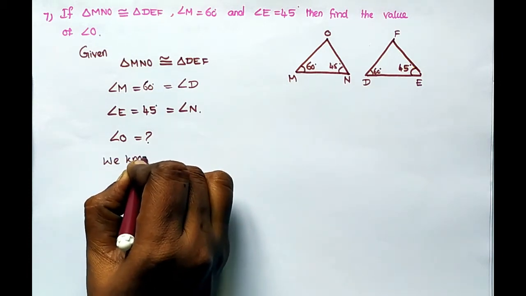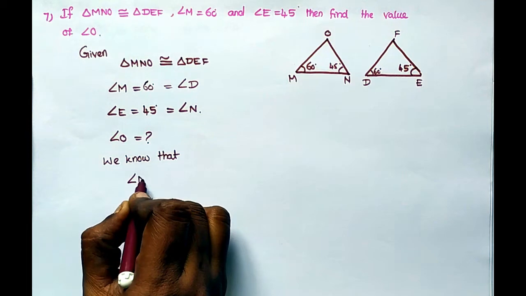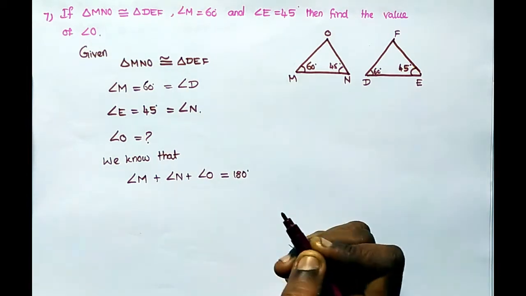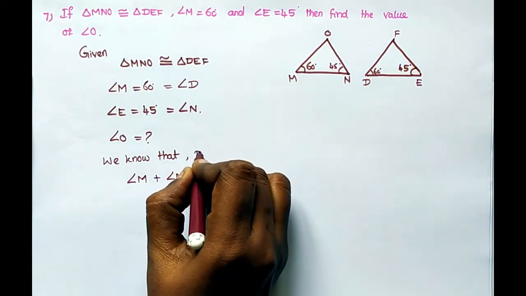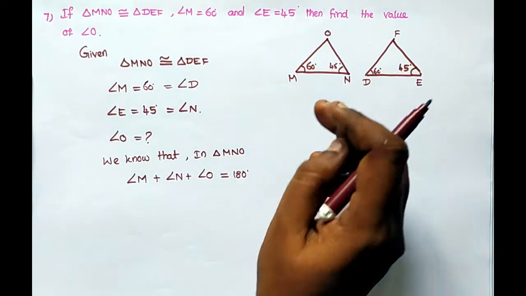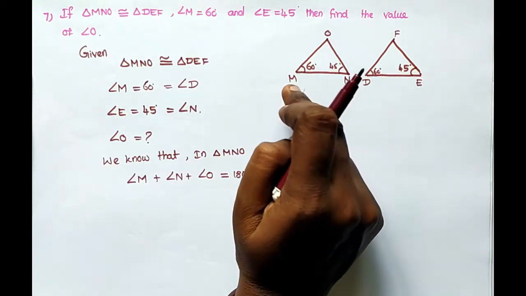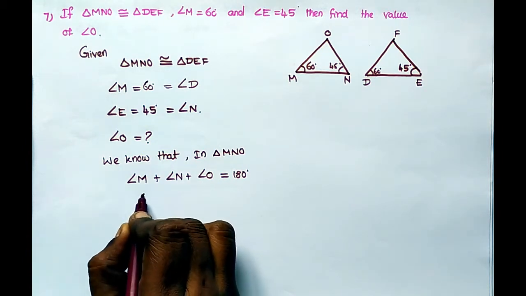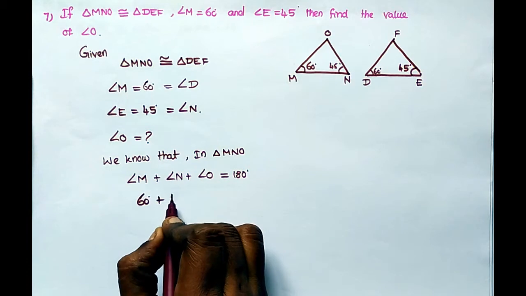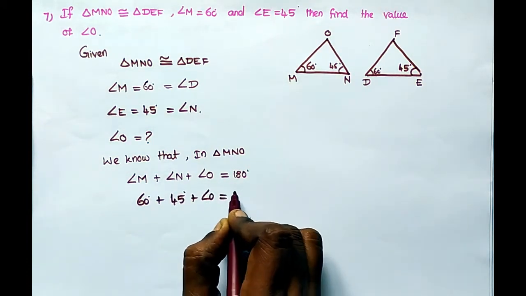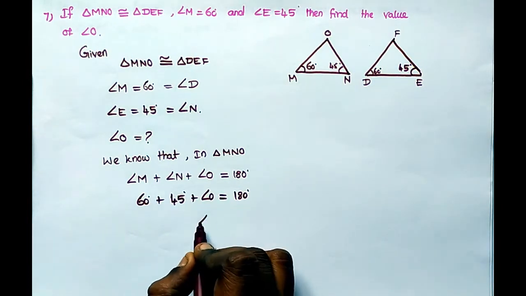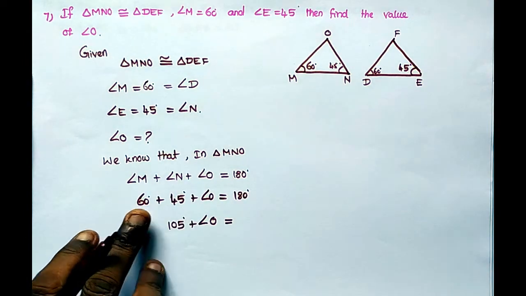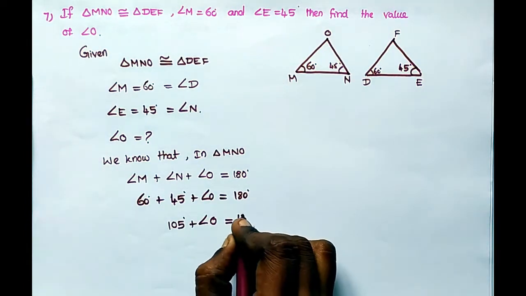We know that angle M plus angle N plus angle O equal to 180 degrees, the sum of the three angles in a triangle. So 60 degrees plus 45 degrees plus angle O equal to 180 degrees. Adding, we get 105 degrees plus angle O equal to 180 degrees.